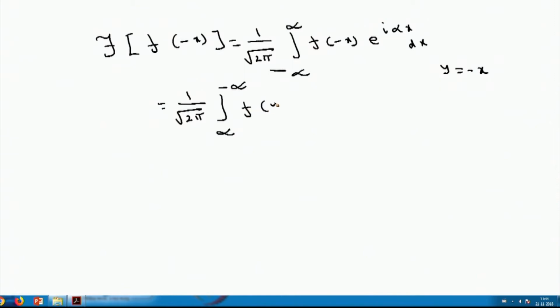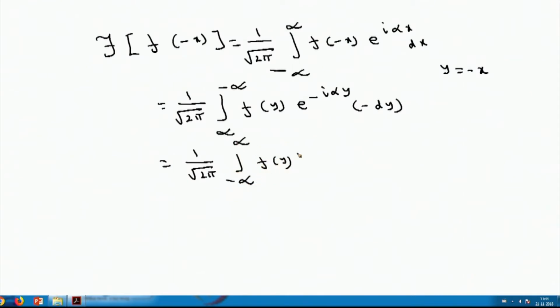So, it will be f of y into e power minus i alpha y, since x equals minus y, into minus dy. So, once I get this, this is nothing but 1 by root 2 pi, integral from minus infinity to infinity of f y, where this minus sign we are changing, so the limits become minus infinity to infinity, e power i into minus alpha into y dy.